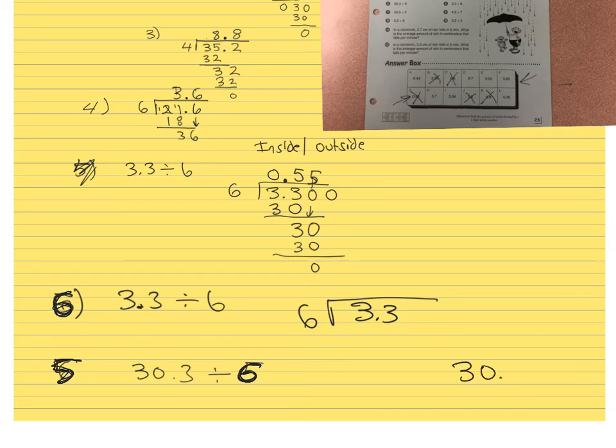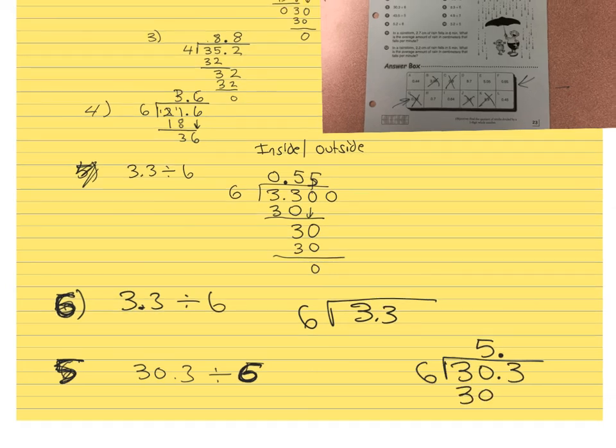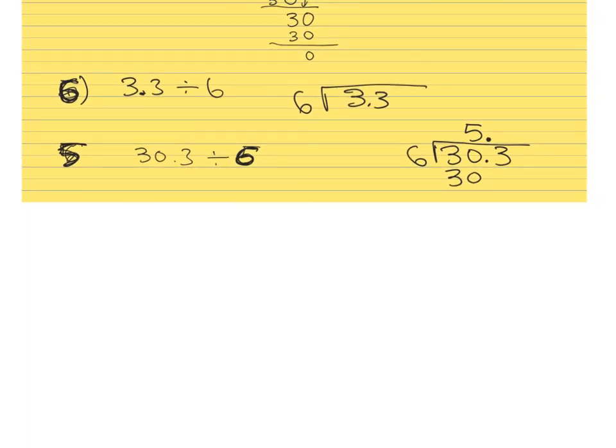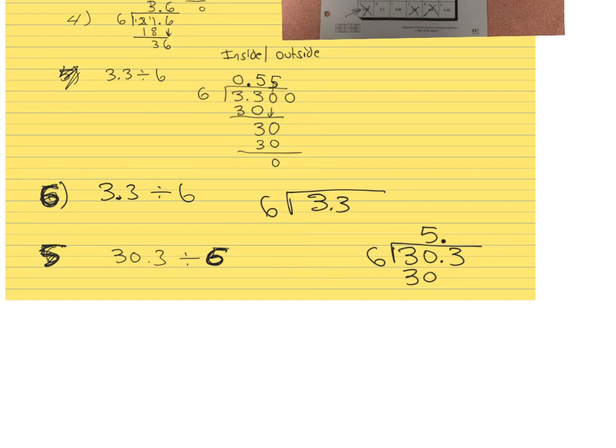All right. Inside, outside. Okay, 6 goes into 30 5 times. 30. All right. And there's 0 left over. Bring down my 3. 6 goes into 3 0 times.